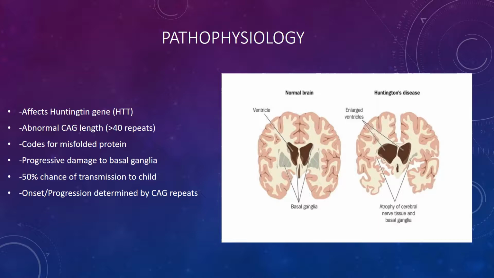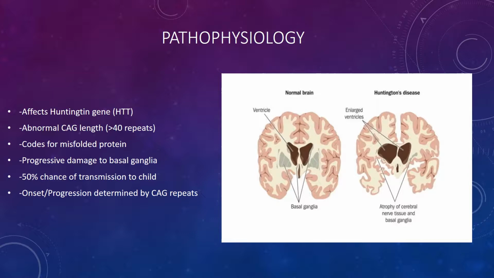A lot of this damage occurs in the basal ganglia of the brain, and part of the basal ganglia is what's called the striatum, which works to inhibit unwanted motor control. So when you have progressive damage of the striatum, it causes what's called Huntington's chorea, which is this twitchy, dance-like symptom of the disease, or sign of the disease.